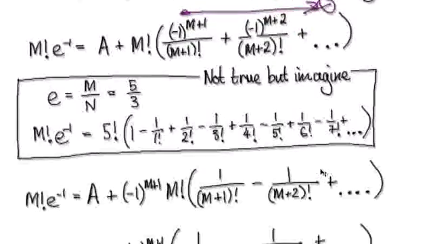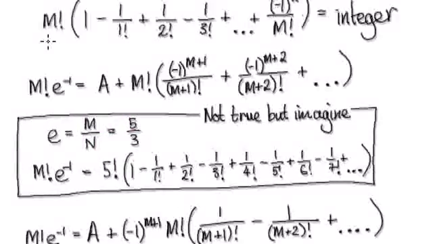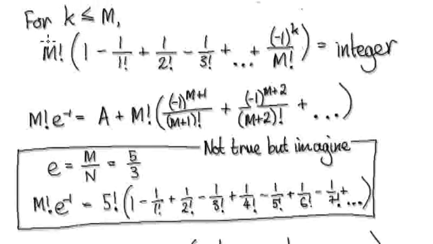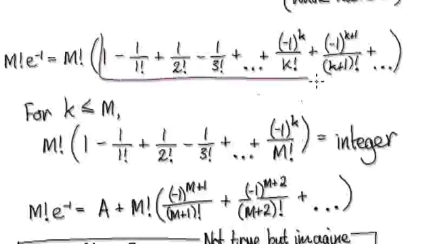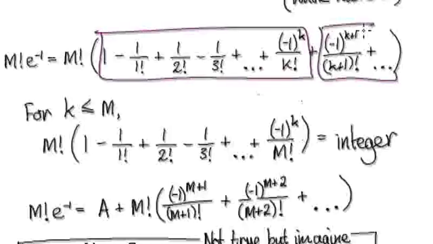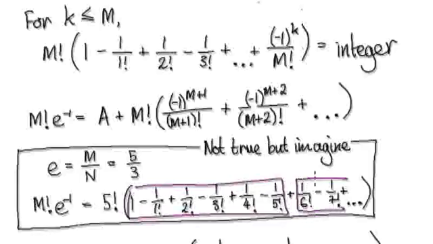Just imagine that e can be expressed as m over n, where m is one number and n is another number. Remember, we've got one block and then another block, all the way to infinity.